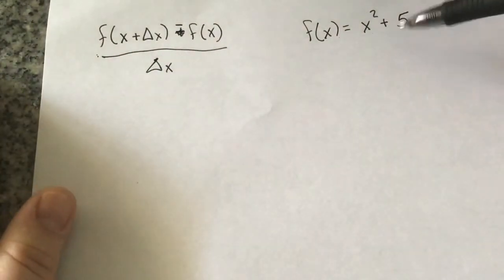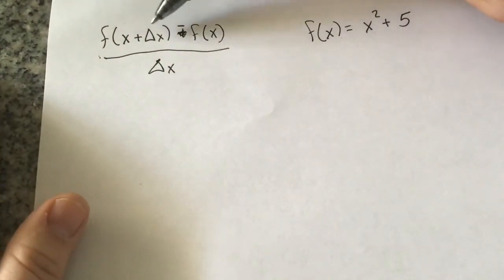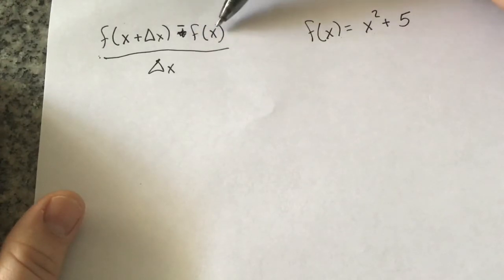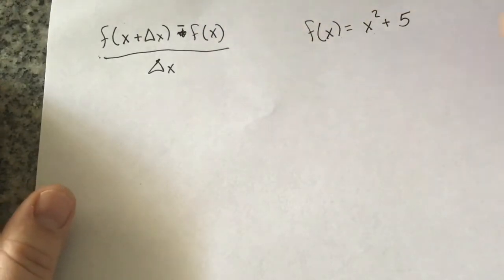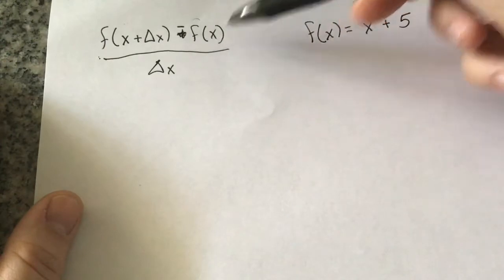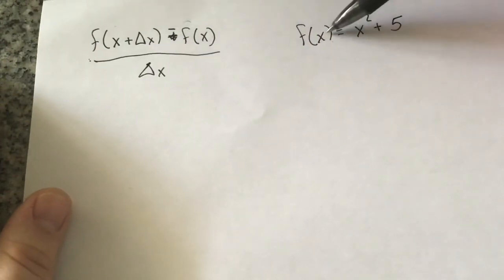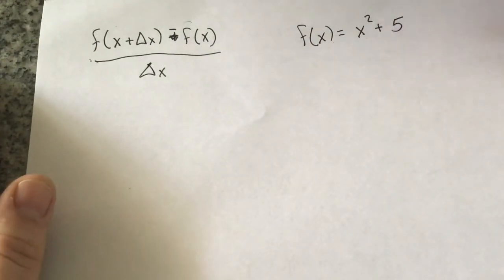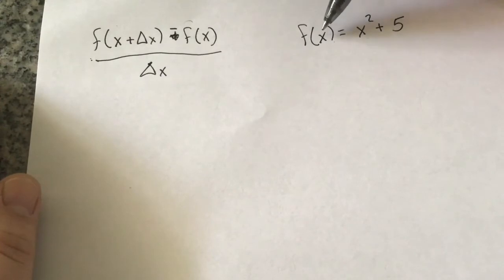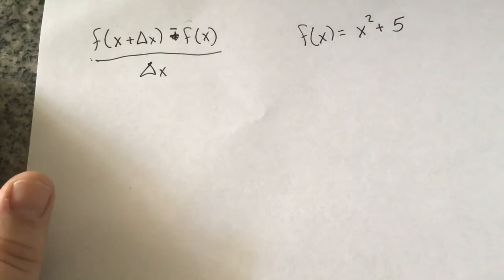So here's the deal. We have this function, and we need to find f of x plus delta x and f of x. Now, f of x is pretty straightforward because guess what? This is already f of x. If you recall from the very beginning of our quarantined videos here, we talked about plugging things into functions. Well, whatever's in these parentheses is what we are plugging in.